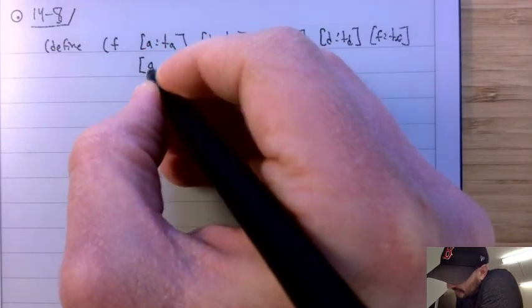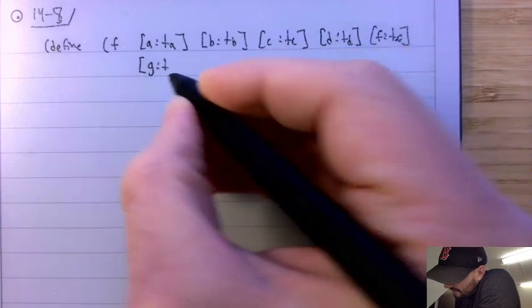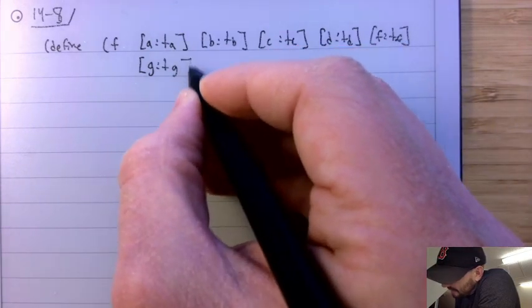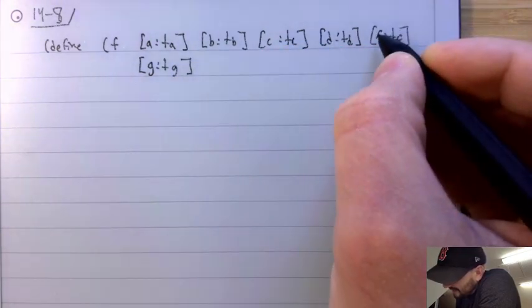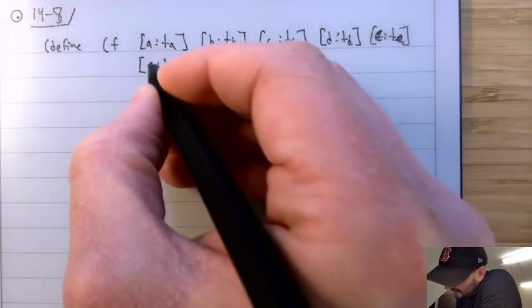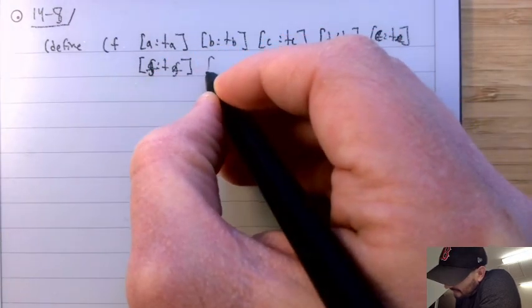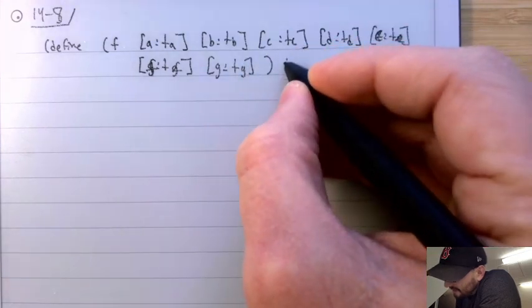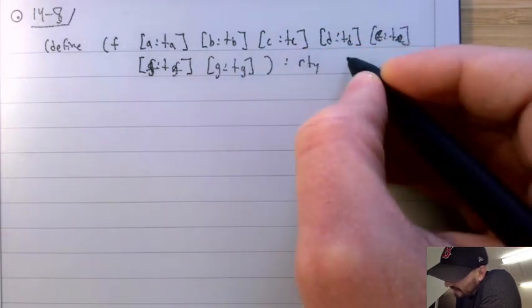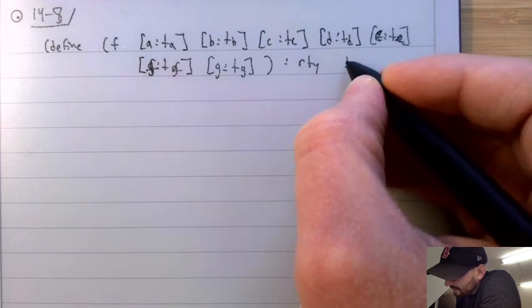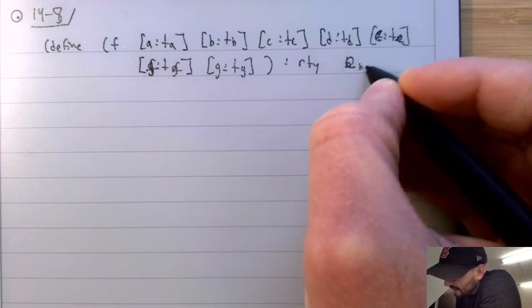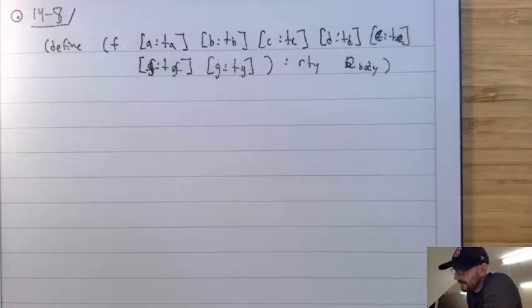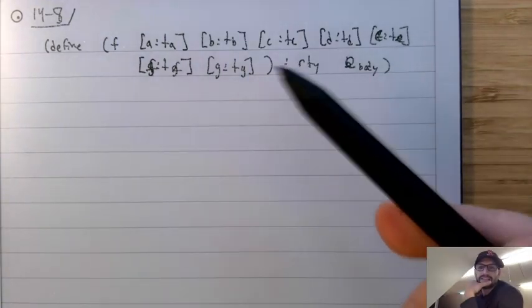Then we'll have F of type F, and then G of type G. Okay, and then that's going to return some return type, and then there's some body E. Okay, so you're going to identify something like that.